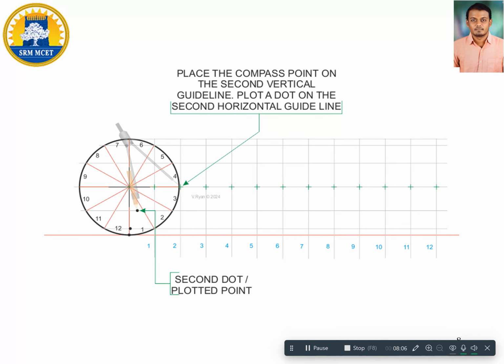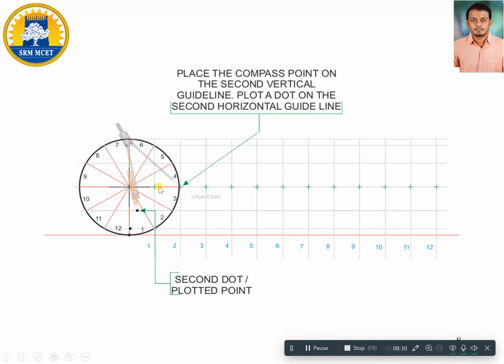With 25 mm as radius and C1 as center, I am going to cut one arc on the first parallel line from the baseline. This is my point 1 for the cycloidal curve.